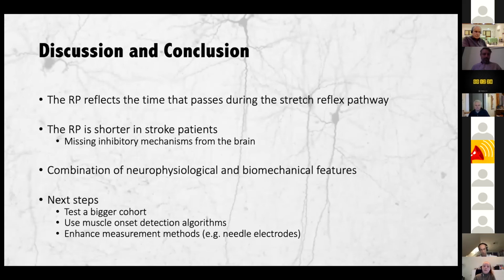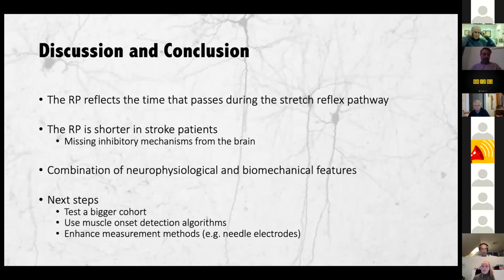And in spinal cord injury patients, it could be that those inhibitory mechanisms are just getting caught on the way. And with the reflex period, we managed to combine neurophysiological and biomechanical features of spasticity and hopefully create a valid and sensitive way to measure spasticity.